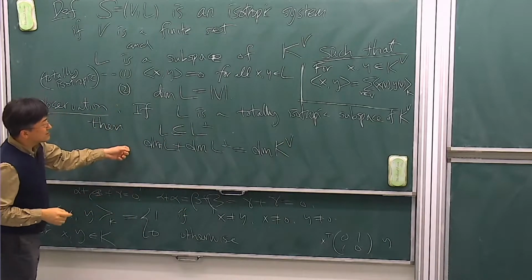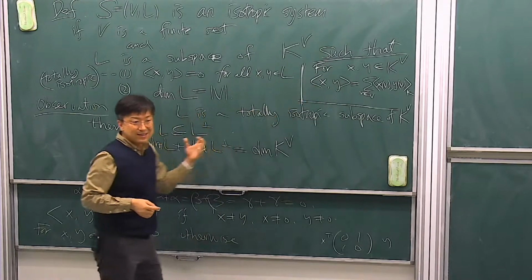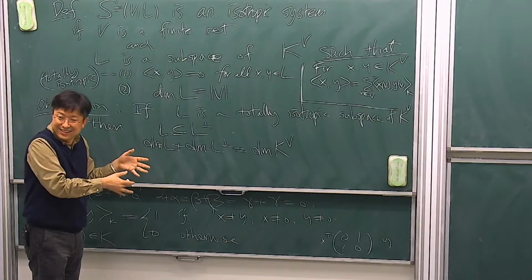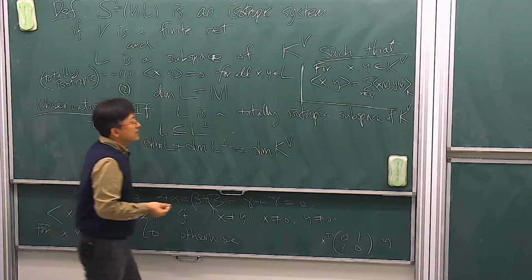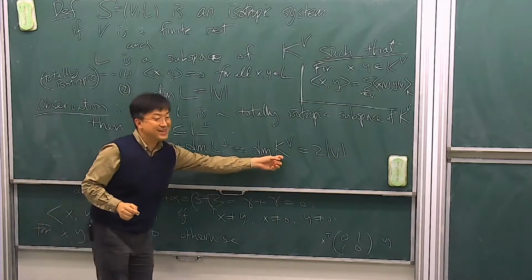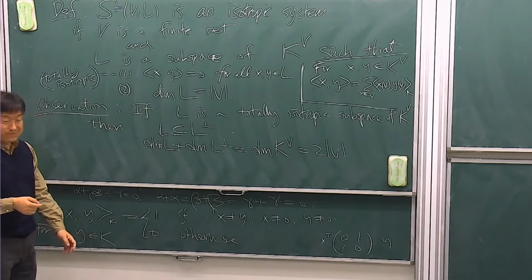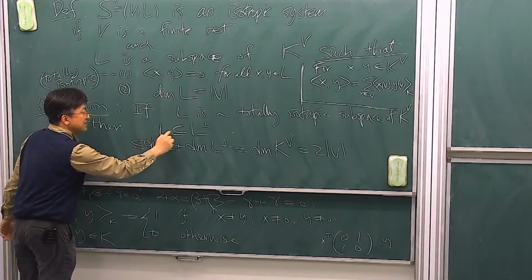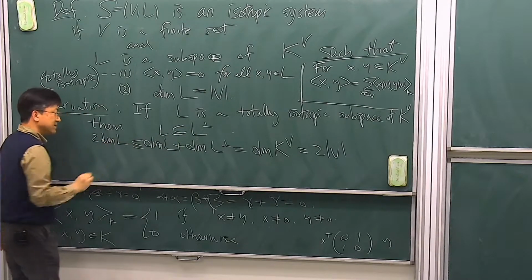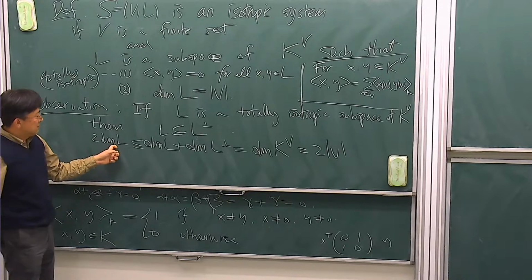This is because this inner product is non-degenerate, so you can still use that, even though this is not a standard inner product. And the dimension of K to the V is twice V, because K already has dimension 2. And because L is a subspace of L perp, twice the dimension of L is at most twice V. So this means the dimension of L is less than or equal to V.